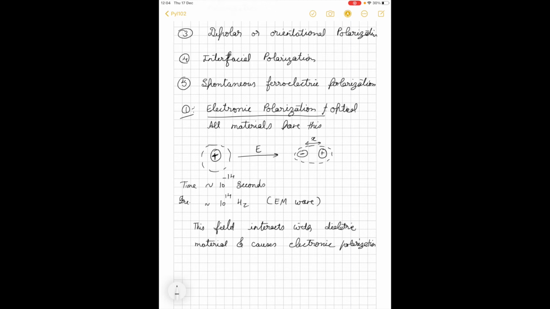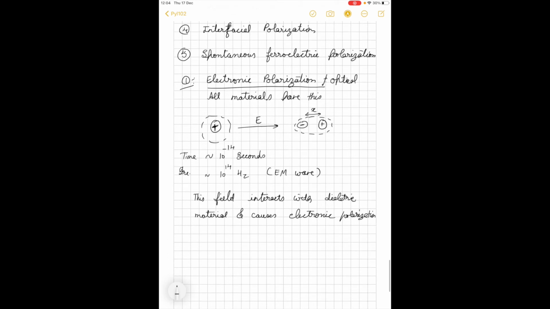Actually, you can calculate a formula for this by seeing how much charge has been displaced, then calculating the force using Coulomb's law, then the dipole moment, and all the quantities that we have defined till now, the alpha, the polarizability. But I'm not going into the derivation.